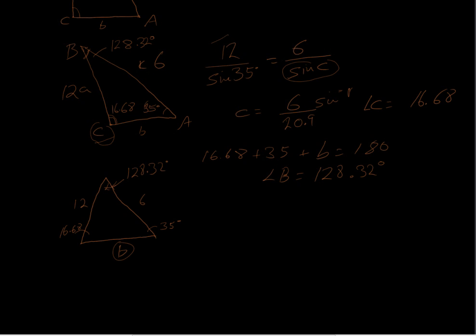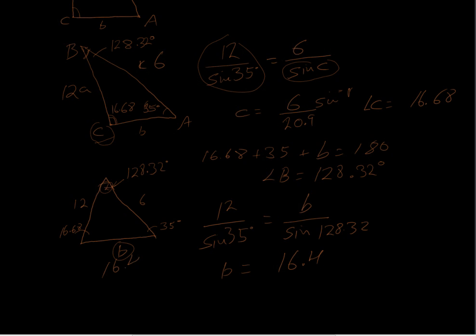So we're going to use the same thing here. We're just going to say 12 over sine 35 degrees is equal to, now we don't have the side, and remember we write the sides at the top, so it's going to be b over, and we have the angle, which is sine 128.32. If you isolate for b, b is equal to 16.4. So this is 16.4.